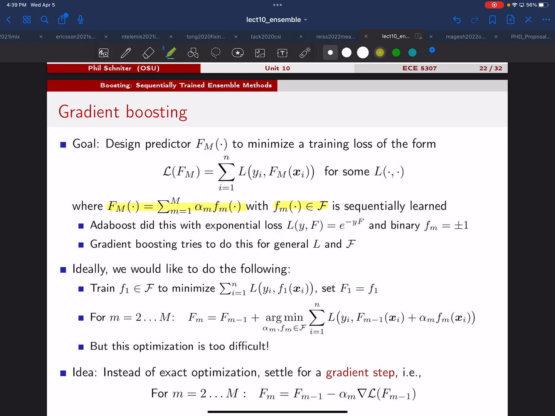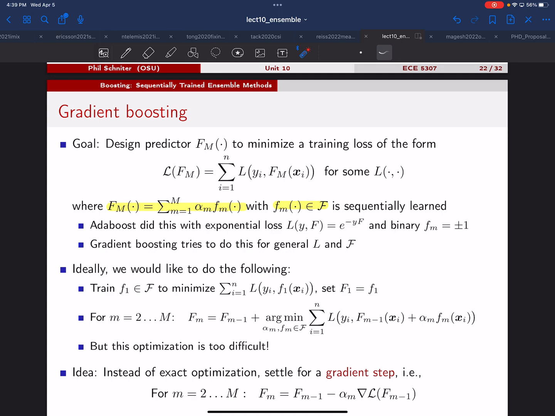So for example, if I'm designing, maybe I'm going to constrain them to be decision stumps. So this would be like the class of all decision stumps that I could make. I'm constraining them to be of a particular form.